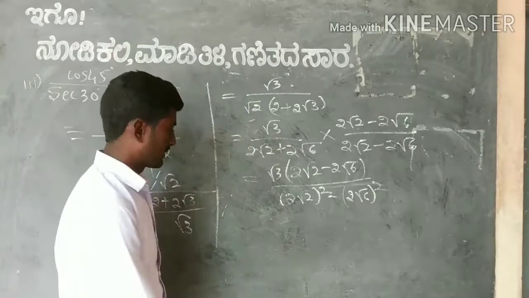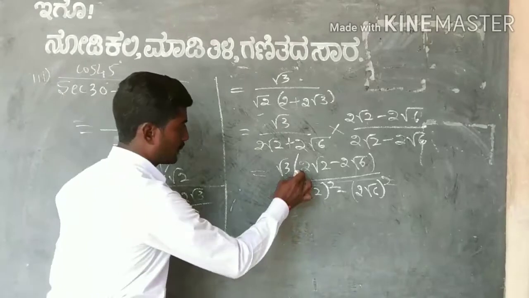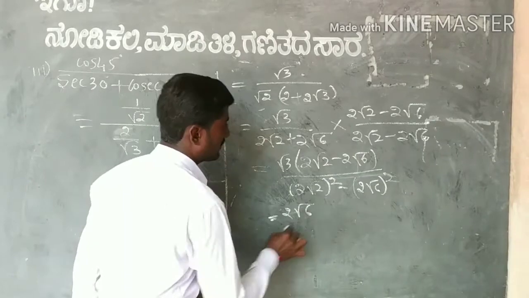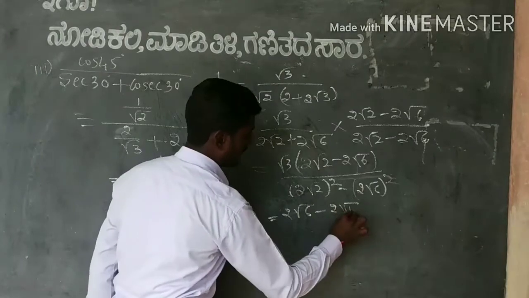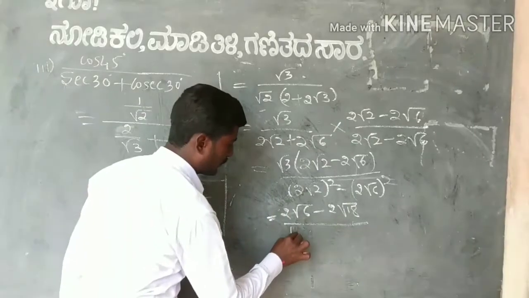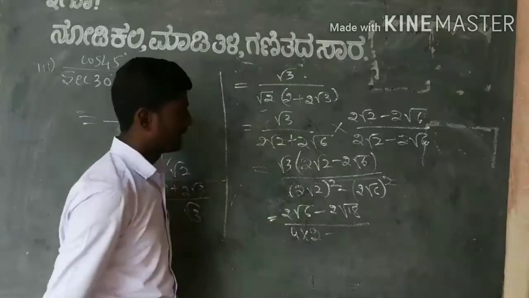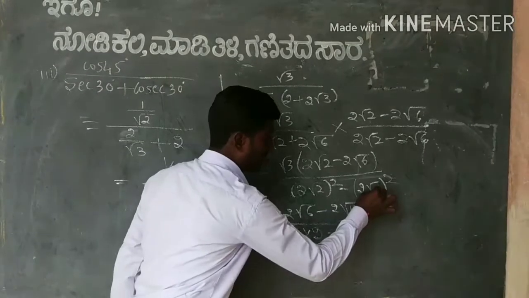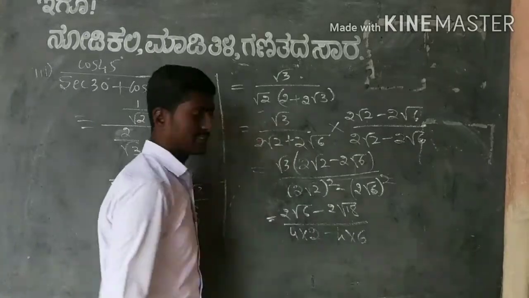Now multiply 2 into root 3 into root 2, that is root 6. Now plus into minus is minus, 2 times 9 is 18, divided by 2 square is 4 into root 2 square, that is 2, minus 2 square, that is 4 into root 6 square. Root 6 square will be 6 only, square root and square get cancelled.